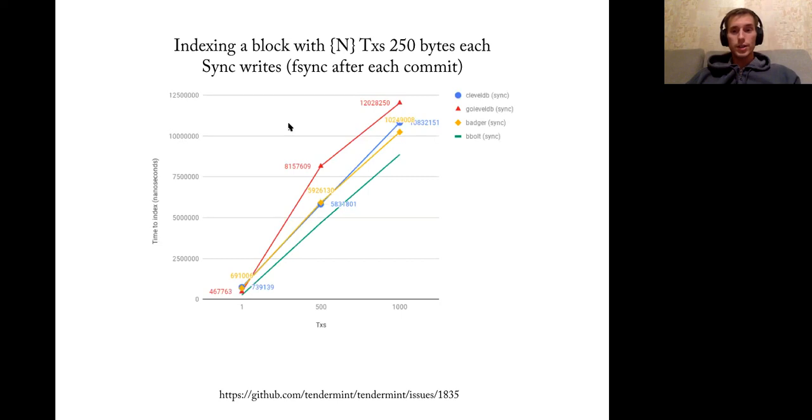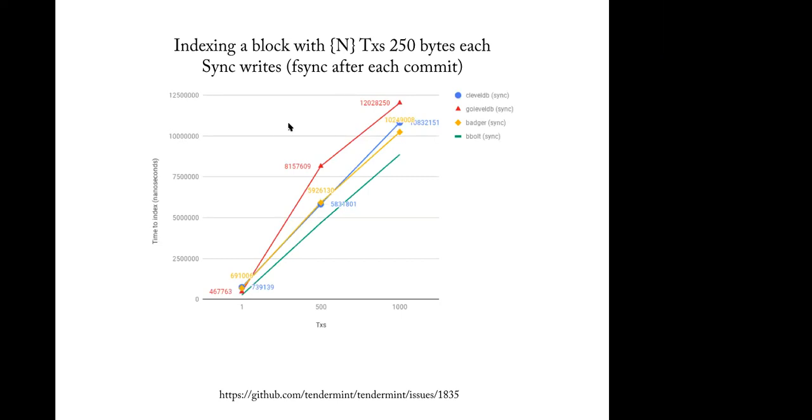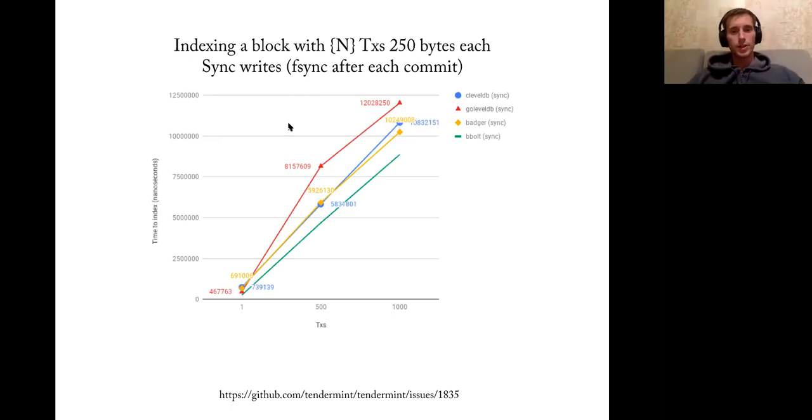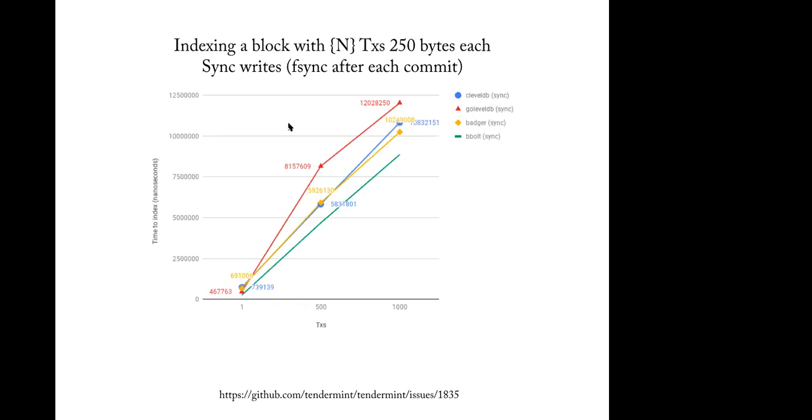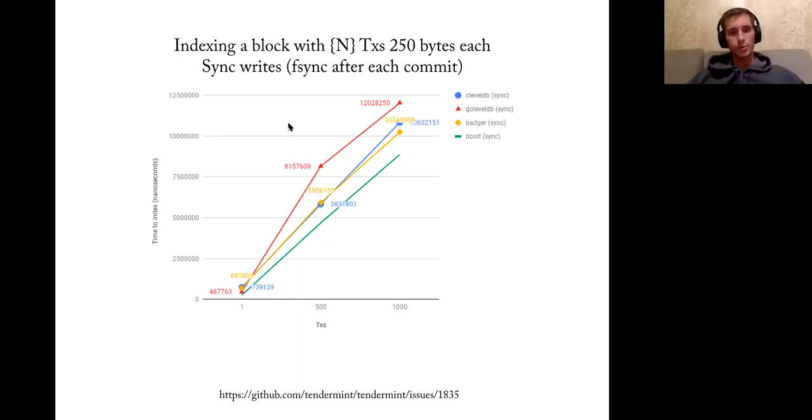Yeah, I also did a round of this, basically performing the same benchmark, but with sync writes. It means that after every commit, after every write, we do an fsync.